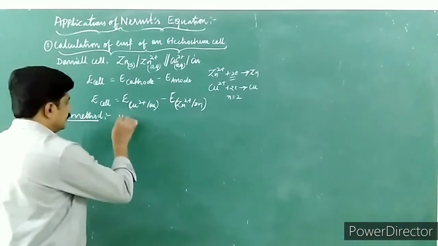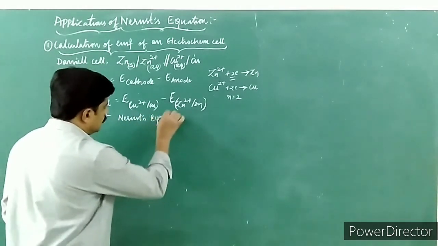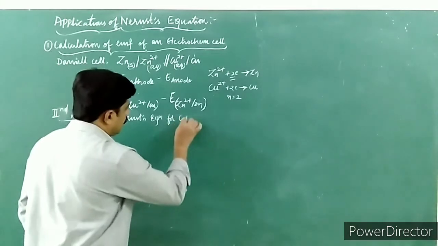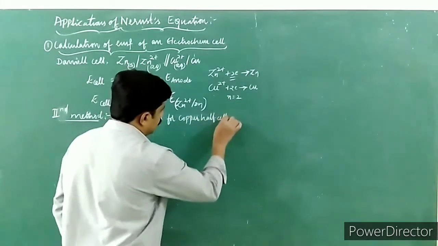Second method, Nernst equation for the copper cell. How do I write?